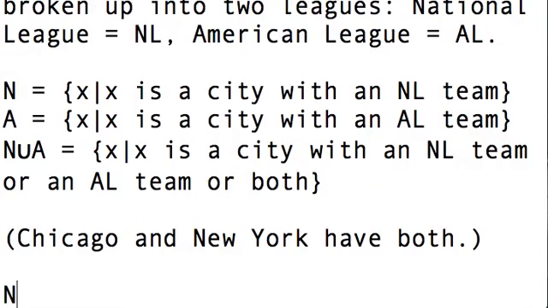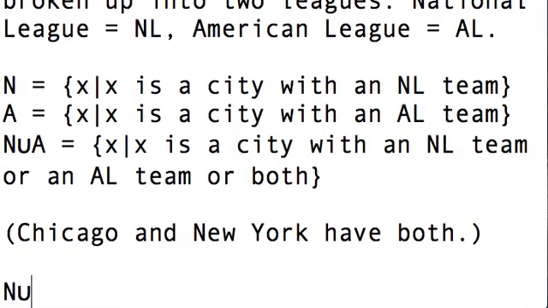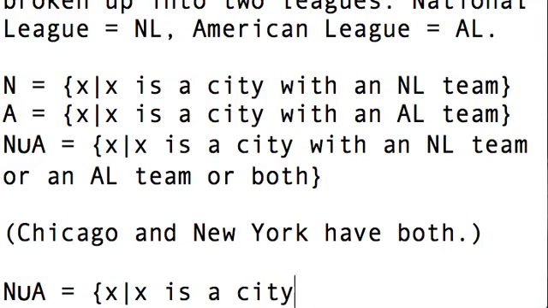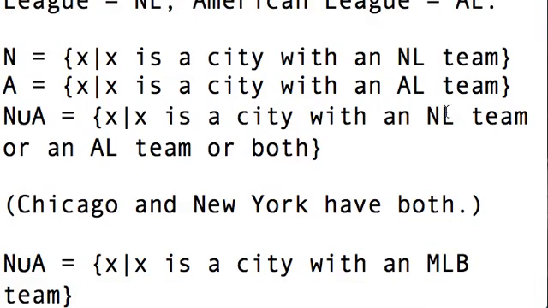But let's notice that for N union A, I could give it a nicer description: X is a city with an MLB team. Because if you have an AL team or an NL team or both, you've got a baseball team. So sometimes you can write your sets down in a nicer condition, but generally if you're writing stuff out in set builder notation, you just write both conditions and put an or there.